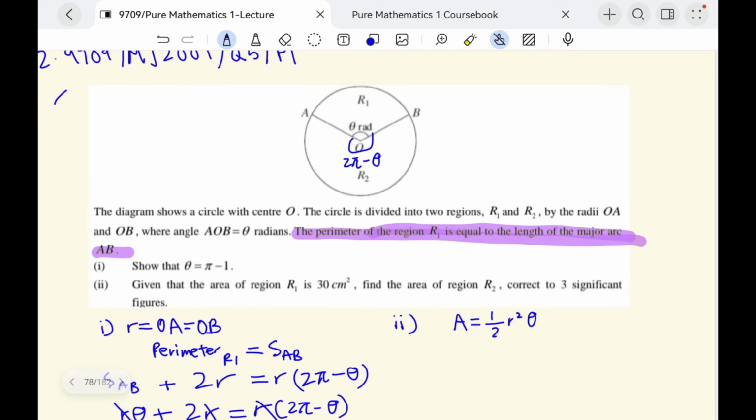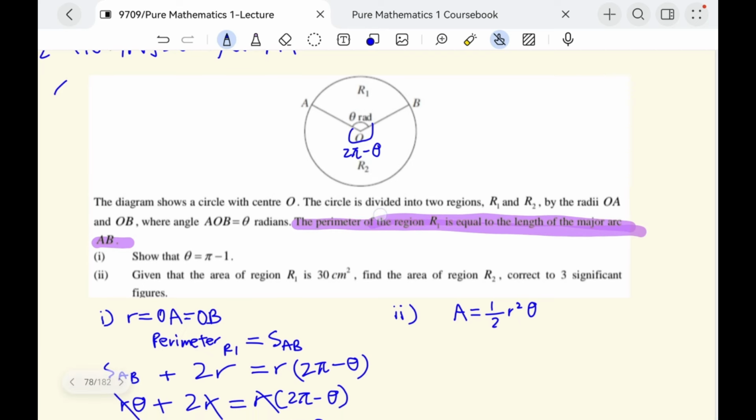But this question does not give you the radius. Theta is already given, it is pi minus 1, right? You only want to find the radius. This time I will leave the radius in the exact form, to make sure my answer is accurate.